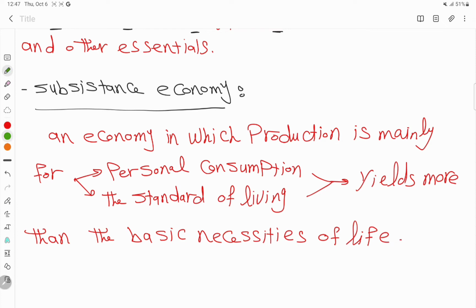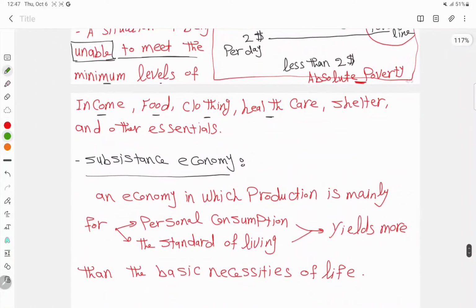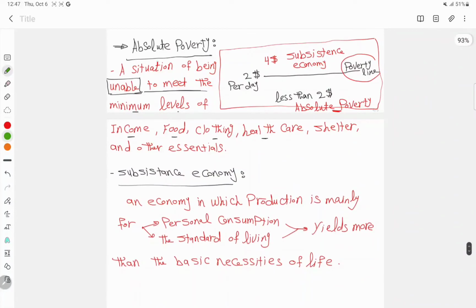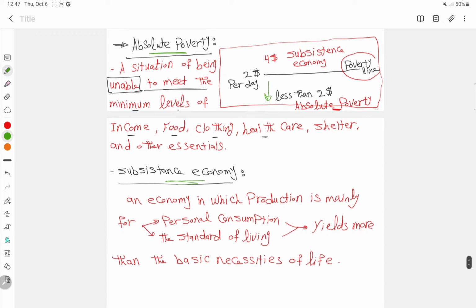So, the difference between absolute poverty and subsistence economy: absolute poverty is below the poverty line. People are unable to meet minimum levels of essential necessities, such as income, food, clothing, healthcare, and shelter.